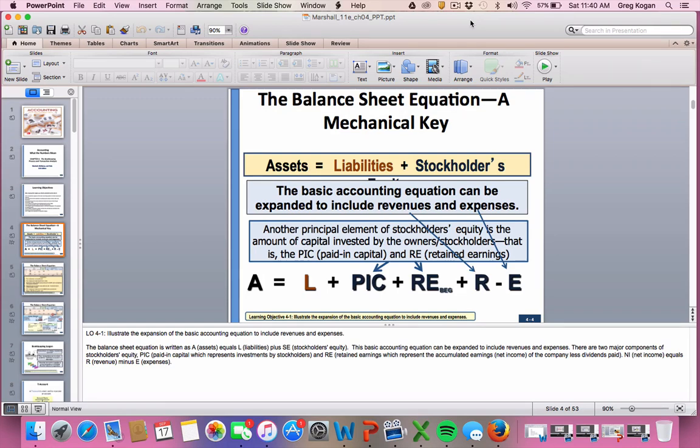I'm not much of a chemist, but imagine you had water that you're boiling that turns into steam, and say it's all in a closed system. Whatever it is, water or steam or ice, is going to remain in that room. That's how assets, liabilities and stockholders' equity work.